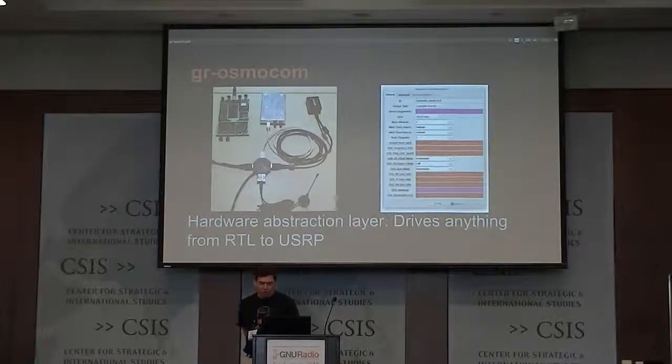And there are a ton of knobs that you can pass in. Some of them do things that you would expect, some of them don't. One thing I dislike about GR-Osmocom is its lack of introspection. Once the flow graph starts running, it has no way to tell what sort of receiver it's communicating with.